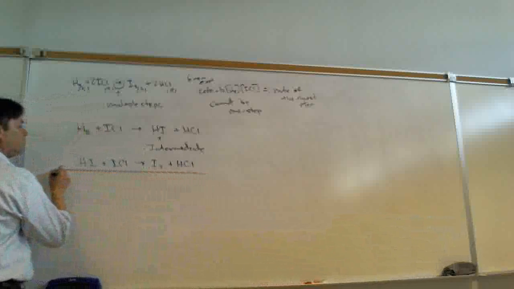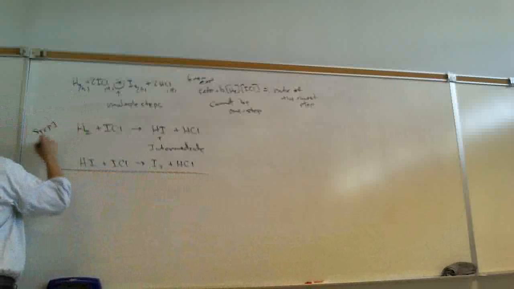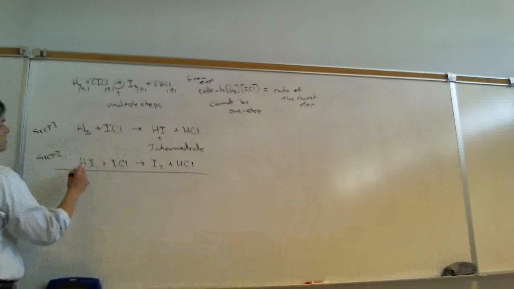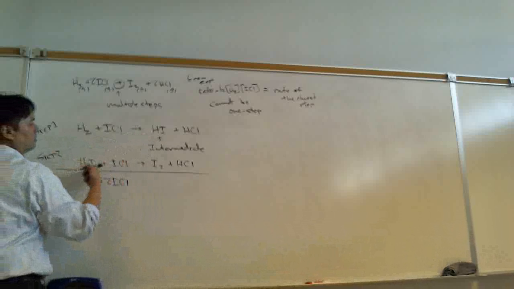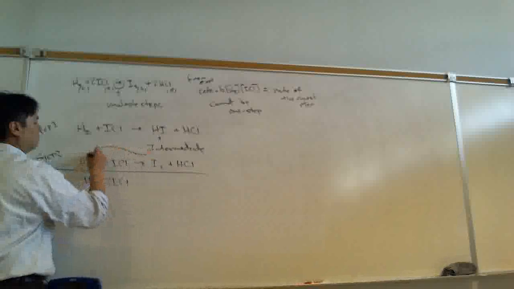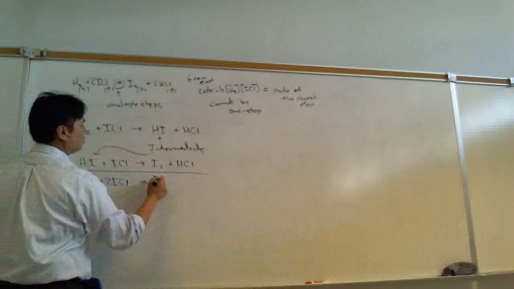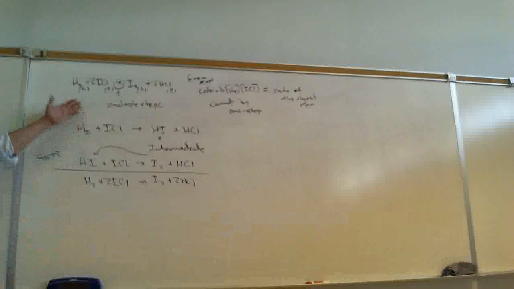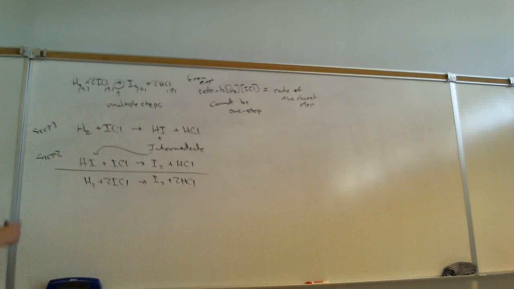Now, if we add up step 1 with step 2 of the mechanism, we get H2 plus 2 ICl. The HI cancels, intermediate. This is going to produce I2 plus 2 HCl. And so this could potentially consist of one simple two-step mechanism like this. This is the net reaction here.